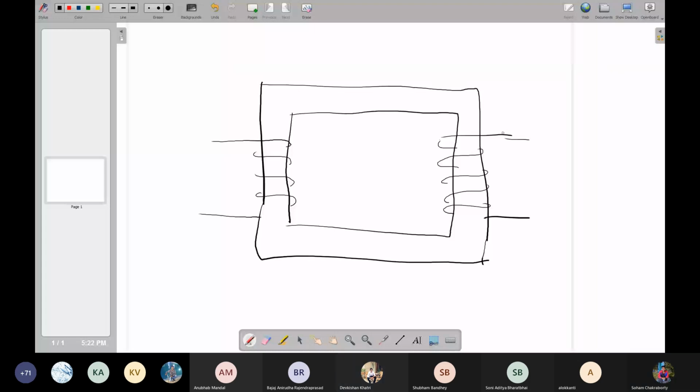Yes, sir. So now we have to make some sort of a connection. Suppose this is V1 and somehow we now need to connect these 2 points. We connect these 2 points and from here we take the output. So the output is across these two.